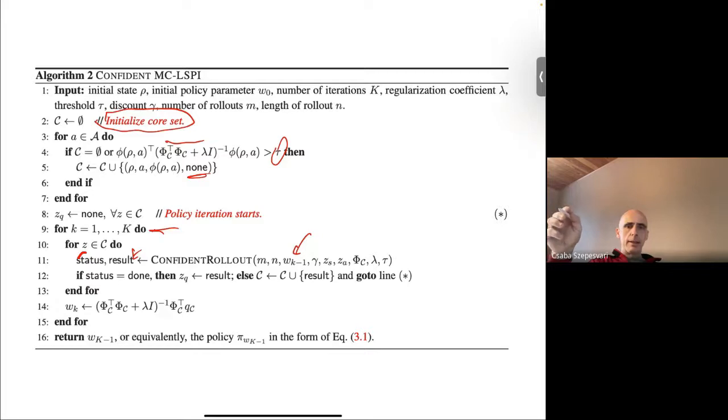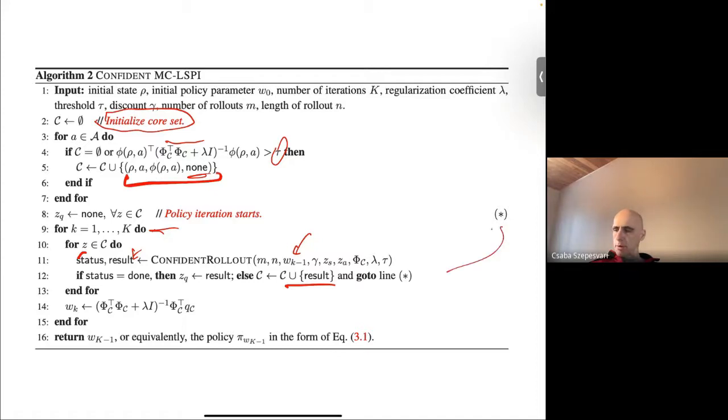Otherwise, we detected that we can't be confident about this evaluation of the policy in this rollout. In which case, it is because we got surprised. We have seen some state action pair that surprised us. Then we're going to expand the core set. So the result in this case is going to be a tuple of this form. And when this happens, then we just abort and restart.